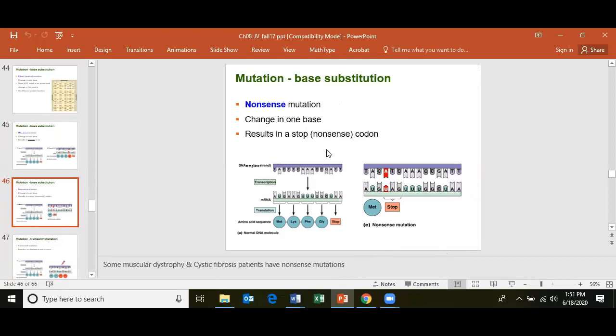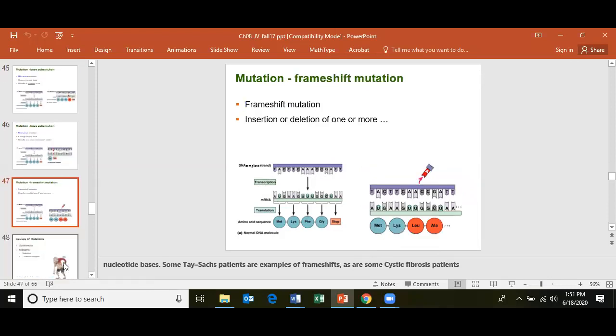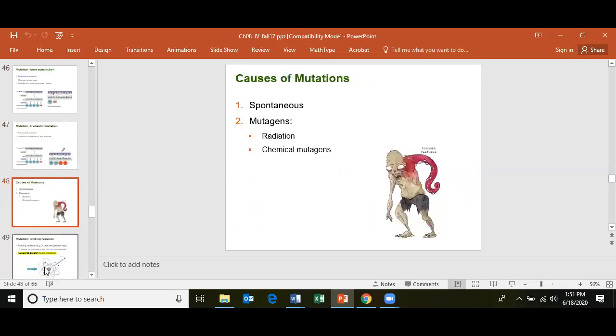And what this will do is that instead of making the complete protein, you will make a truncated protein. Any question about that? Here's the frame shift mutation, which I've already talked about, so let's move on.